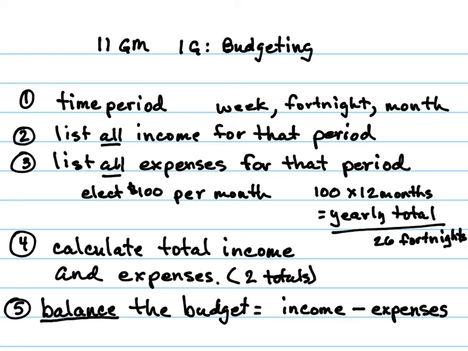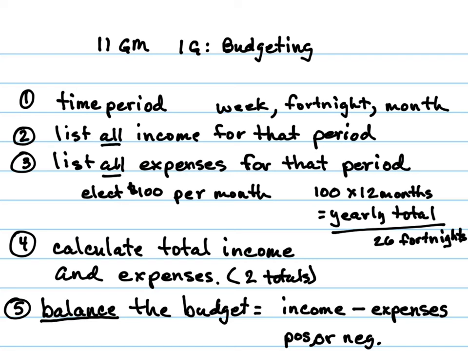And you've got to be careful because you need to see, when you do the subtraction, is it positive or negative? If it's positive, great, you have money left over at the end of the year. You might consider putting that into savings or maybe blow it on something fun.